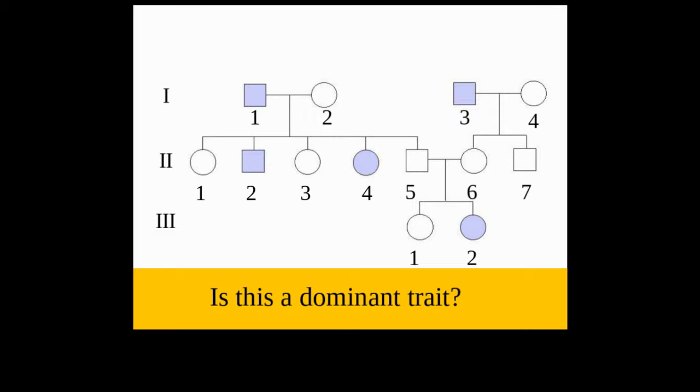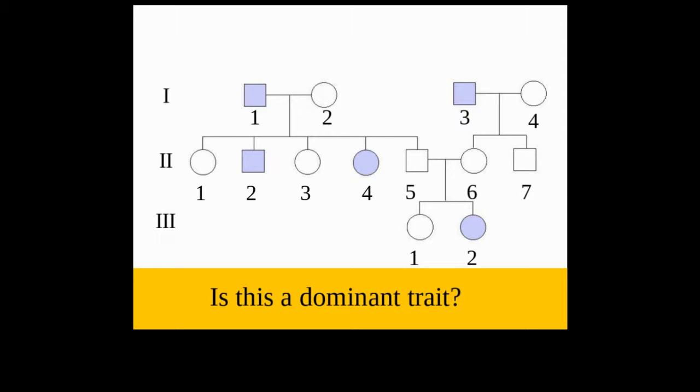Well, if this were a dominant trait, you might imagine that it would show up a little bit more often. However, if it were a dominant trait and this individual 1-1 were heterozygous, then we could see where 1-1 and 1-2 could possibly produce individuals that don't have the trait. Okay, so it's difficult to tell immediately.